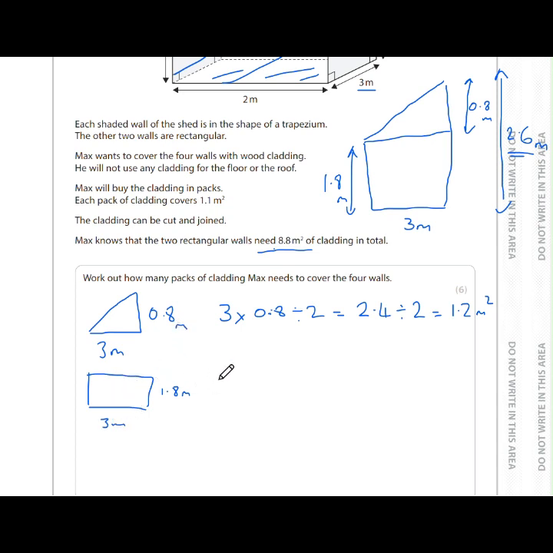So area of a rectangle is just base times height, so 3 times 1.8. We can calculate that. I would probably do it this way if I wasn't sure. 3 lots of 18 and put the decimal in afterwards, so 3 eights are 24. 3 ones are 3.